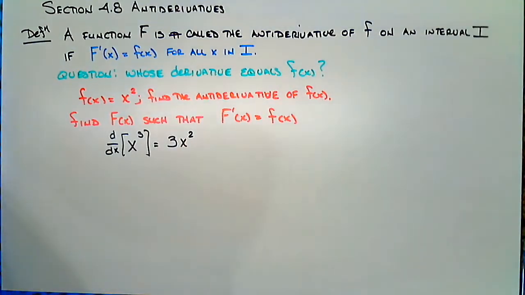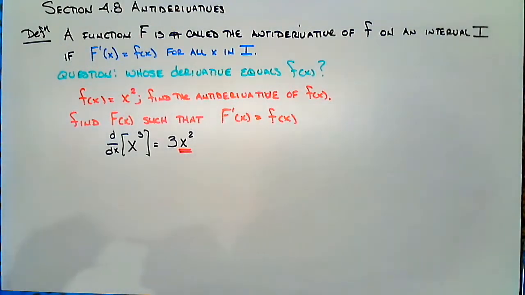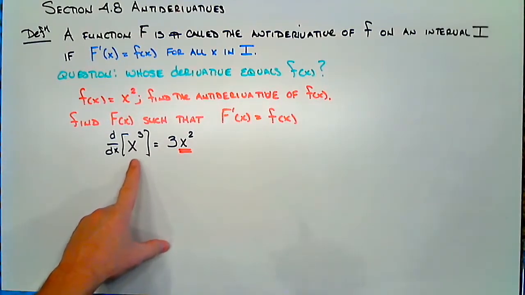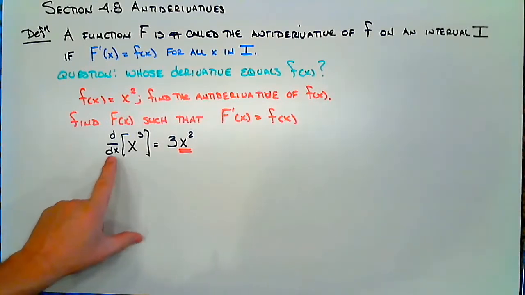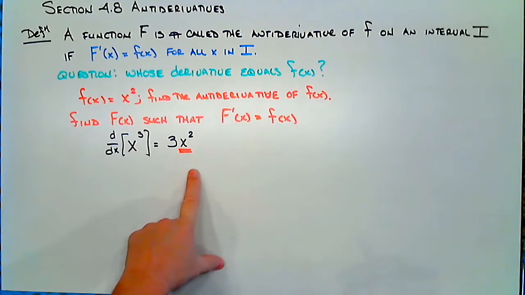And that's a great start, because we have the x squared that we're looking for. We want the function whose derivative is just x squared. And right now, we have a candidate. We proposed x cubed. We took the derivative, and instead of getting x squared, we got 3x squared.